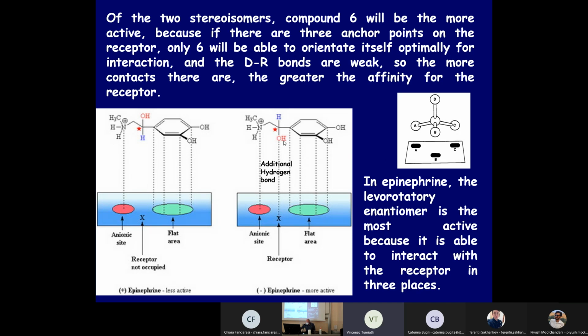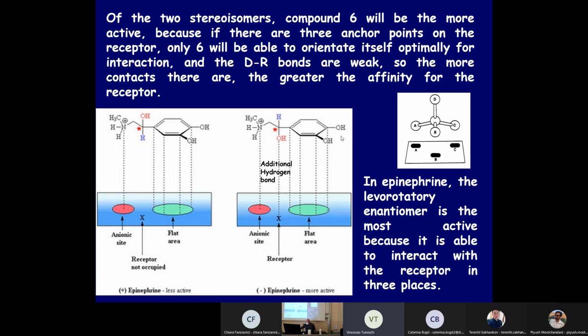In one case, on your right, the protonated nitrogen atom interacts with the anionic site. Perfect. The aromatic ring, the flat surface of the aromatic ring is able to interact with the flat area, okay.